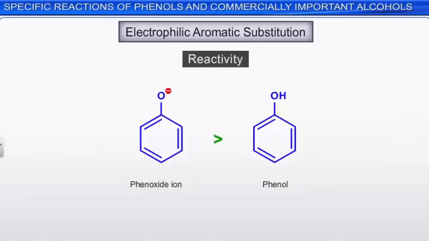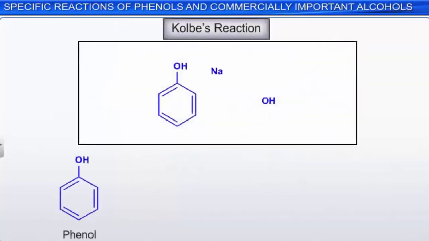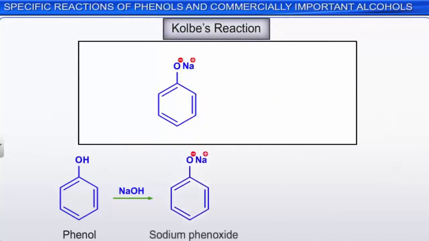Phenoxide ions are even more reactive than phenol towards electrophilic aromatic substitution. Several important reactions of phenols make use of this enhanced reactivity. In Kolbe synthesis, sodium phenoxide is prepared and then subsequently heated with carbon dioxide under pressure.